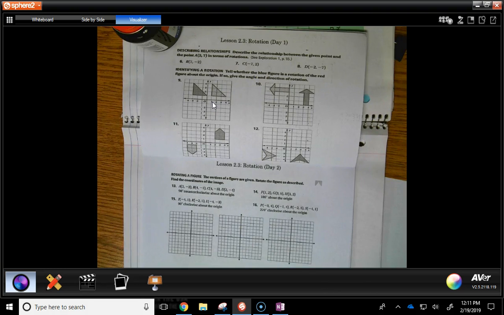Clockwise, 90 degrees is the same as counterclockwise, 270 degrees. So we probably use just clockwise most of the time. So, for 6 through 12, when you describe the rotation, you have to say clockwise and how many degrees: 90, 180, 270, or 360. That's your assignment.